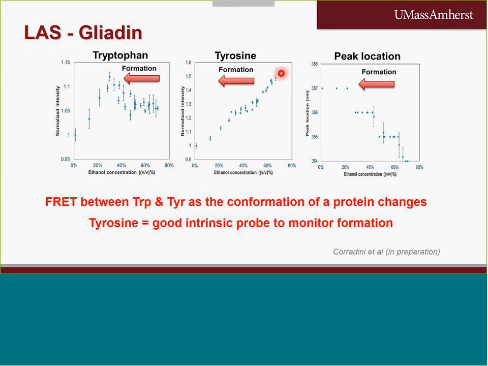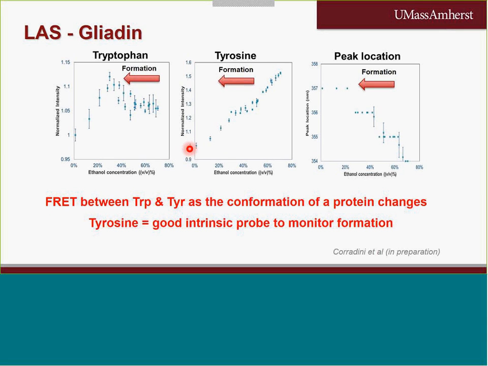And as the system is being formed and collapsing into itself, the tyrosine comes closer to the tryptophan, and the emission from tyrosine is being transferred to that acceptor.